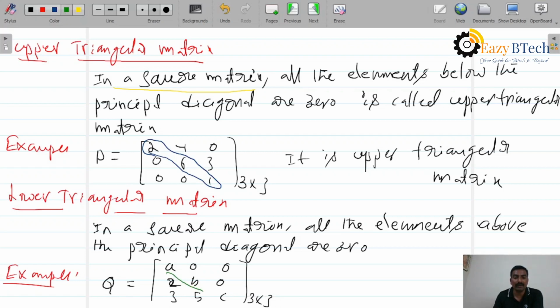What is the principal diagonal? a, b, c is the principal diagonal. And above the principal diagonal, all are 0, 0, 0. Therefore it is a lower triangular matrix. So these are some of the important matrices.